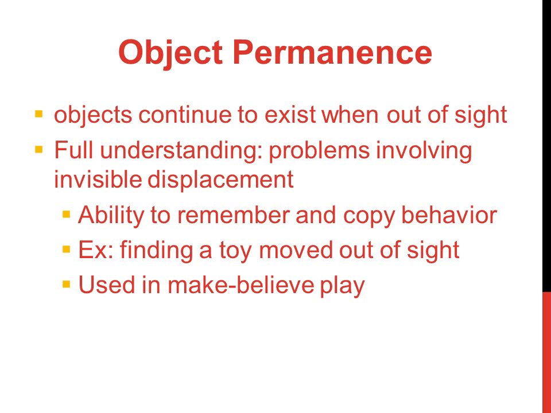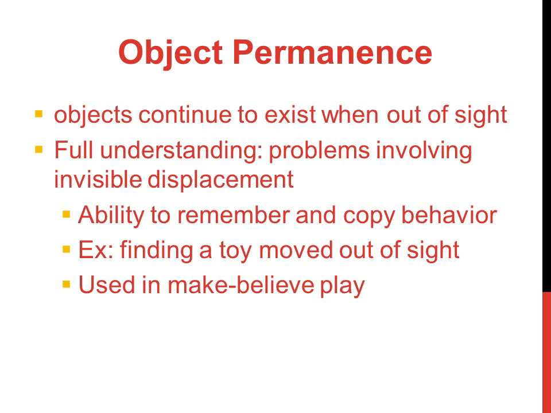So this is basically a child's ability to observe, to see a behavior, and then do it again later on down the line, to copy that behavior later on. We see this used often in make-believe play, right? In pretend play, which starts to surface during the first couple of years. So children might play house or play doctor.